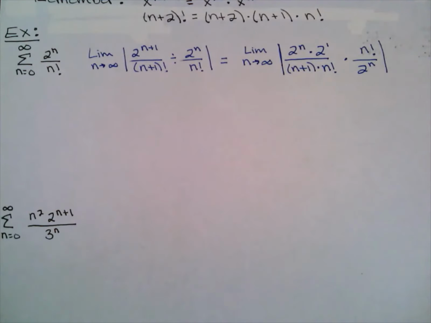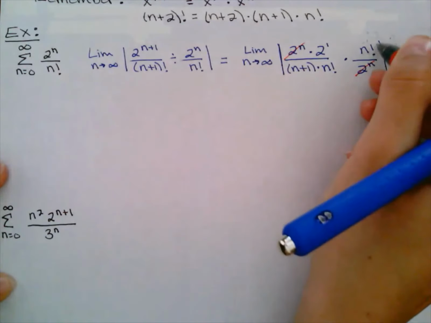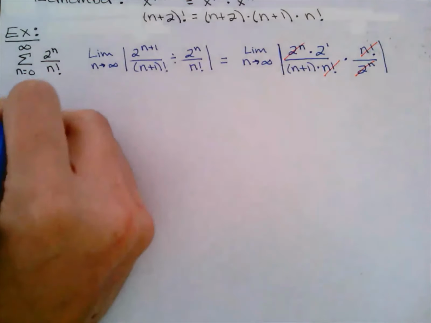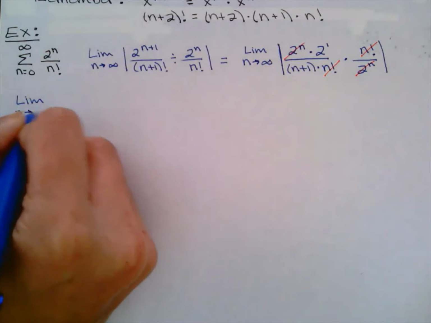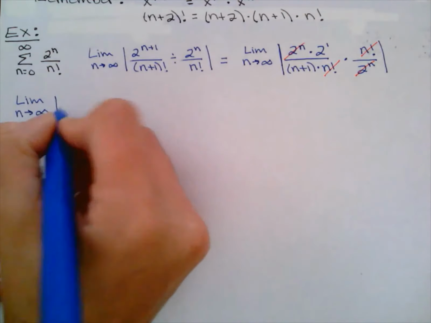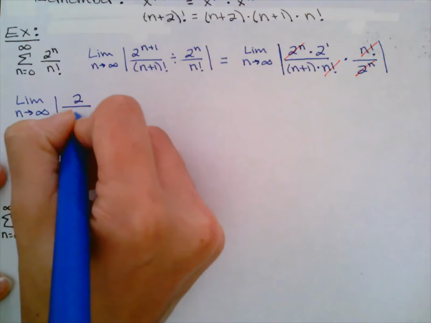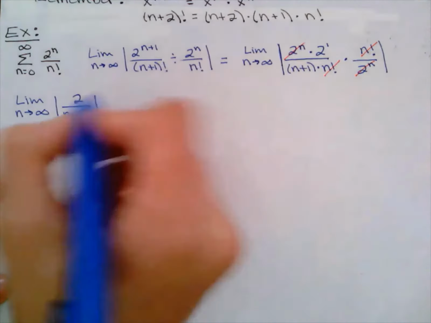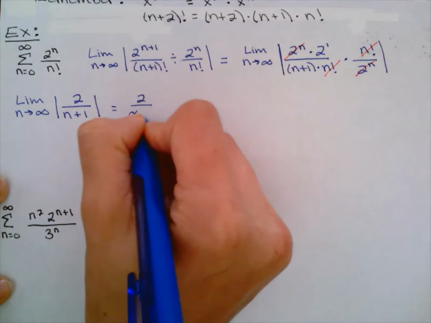So now hopefully you can see a lot of things you can cancel. This 2 raised to the n cancels, and this n factorial cancels. So now I am writing the limit as n approaches infinity of the absolute value of 2 over n plus 1. Now, when I plug this in, this would give me 2 over infinity plus 1.